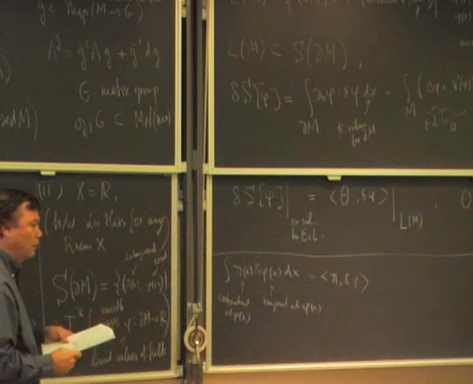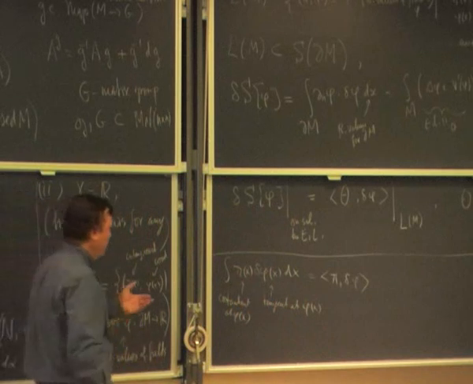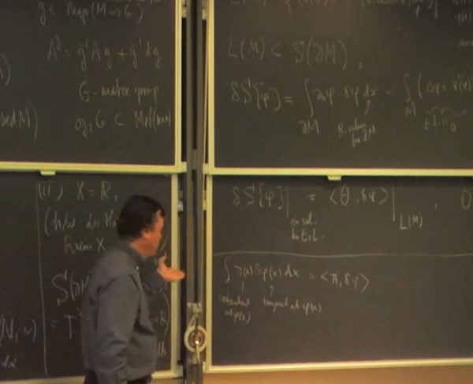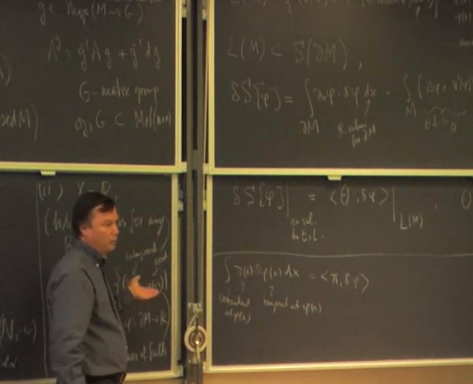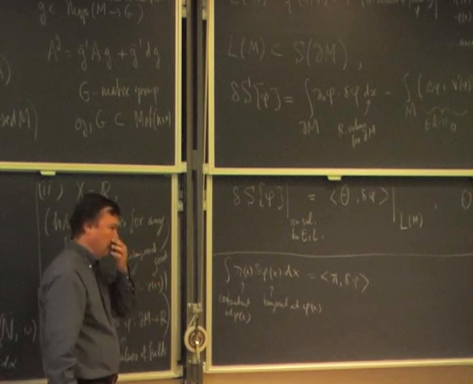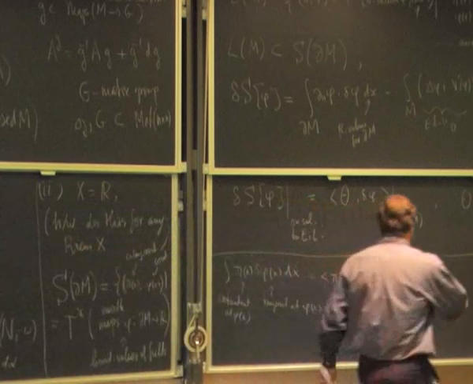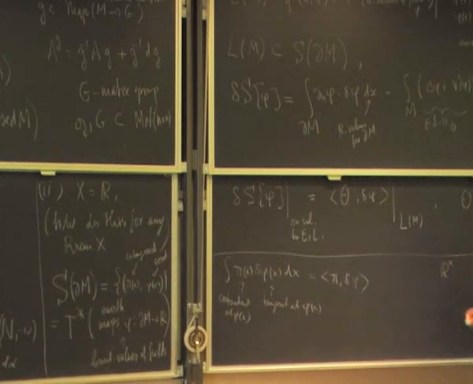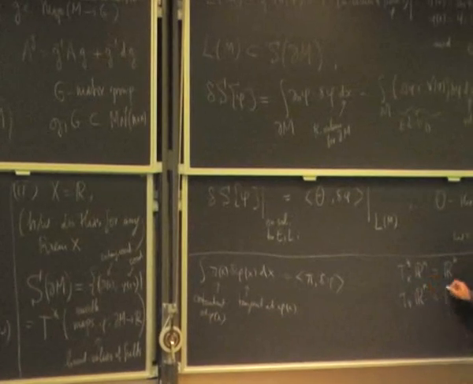Yes, so what is the cotangent space? With respect to this pairing, you can say that the cotangent space is simply the space of maps from M to R. It's like if you have R^n, then the cotangent space, as well as the tangent space, at any point.